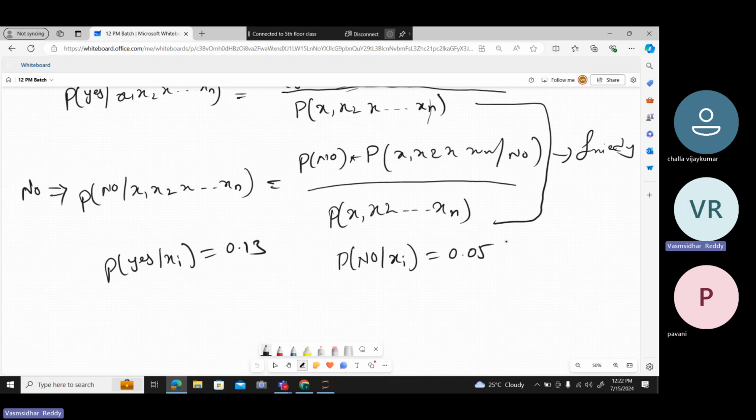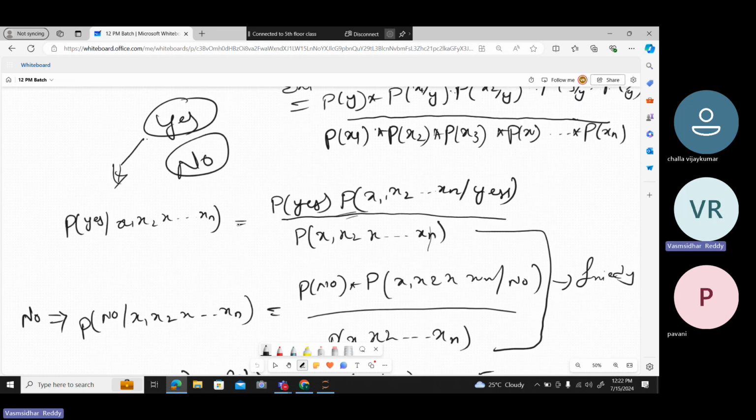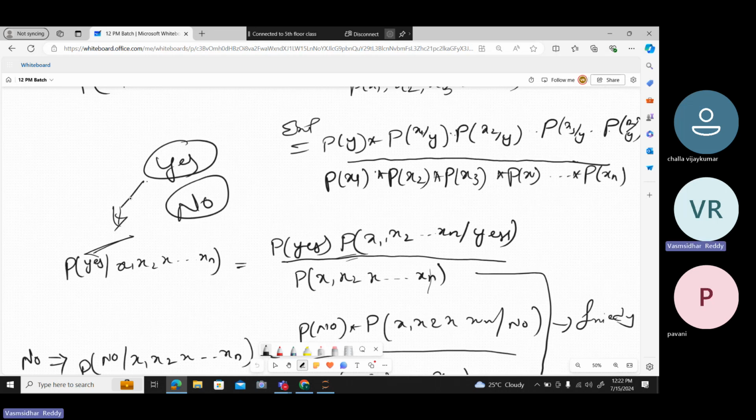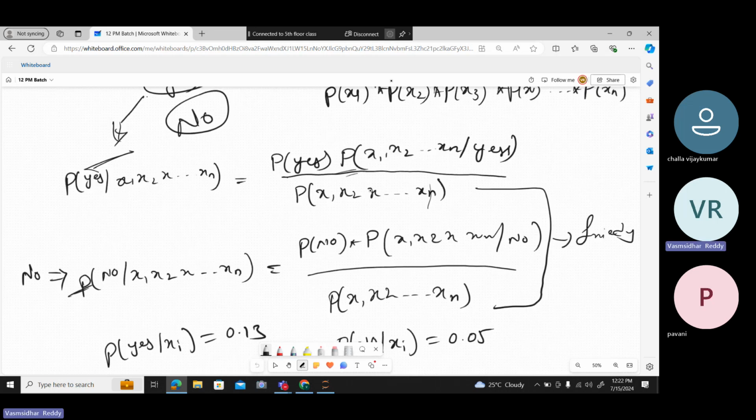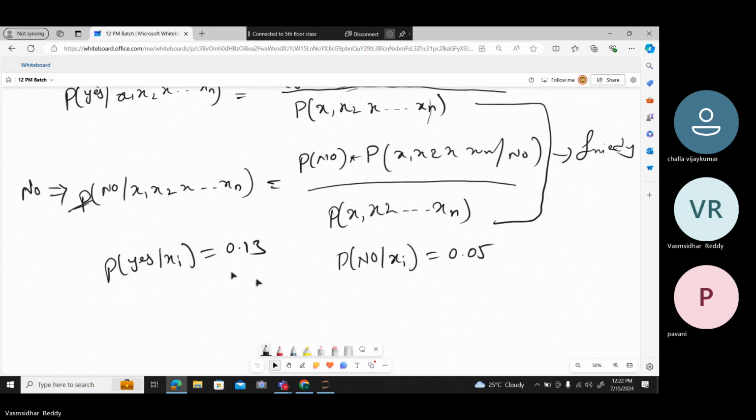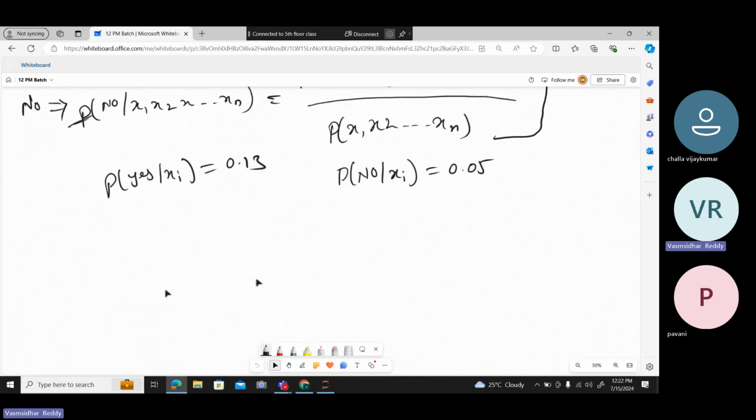Right now I didn't take any value, but if you apply values for this algorithm, you will get approximately outputs like this.